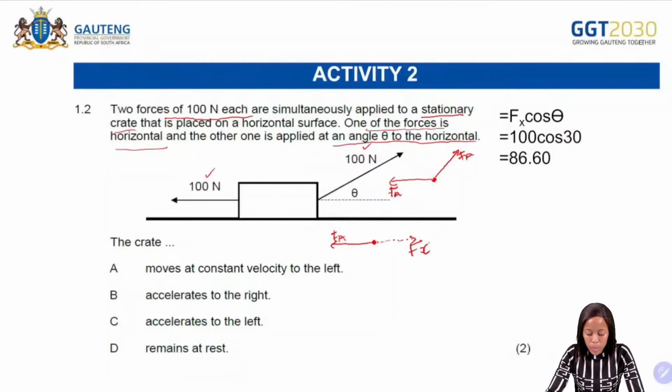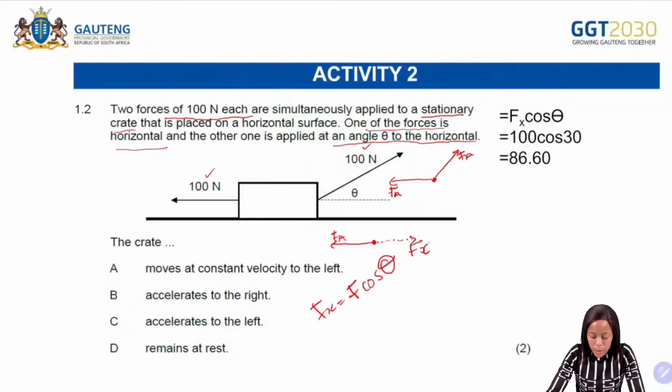When you break down the Fx, it becomes F cos theta. If it's F cos theta and you substitute the F that is given, it's 100 Newton, and then cos of the angle.